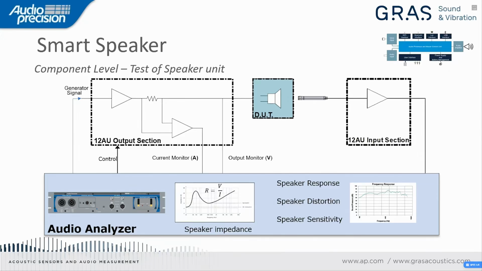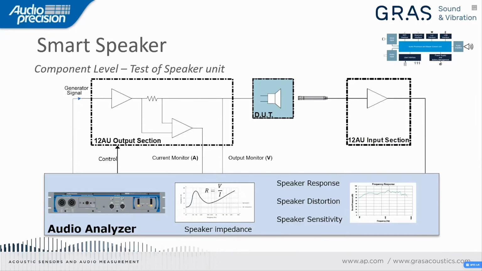But another very important parameter to measure on the speaker unit itself is the impedance of the speaker, because for the speaker unit itself, you need to know what the impedance is, because it has something to do with the type of amplifier which you would use for driving the speaker.